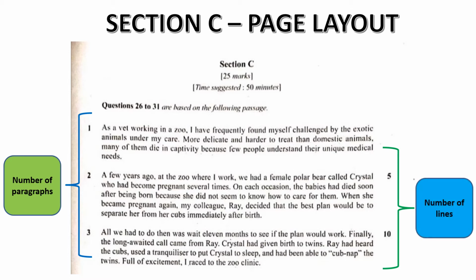So they give us 5, 10, 15. If you count, you see 1, 2, 3, 4, and "So a few years ago at the zoo where I work, we had a female polar bear called Crystal." That is line number 5. So it's easier for you to find which line.